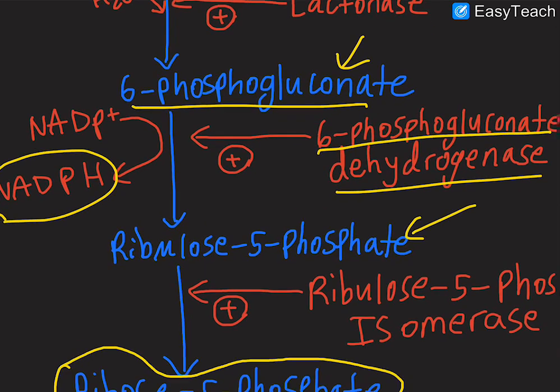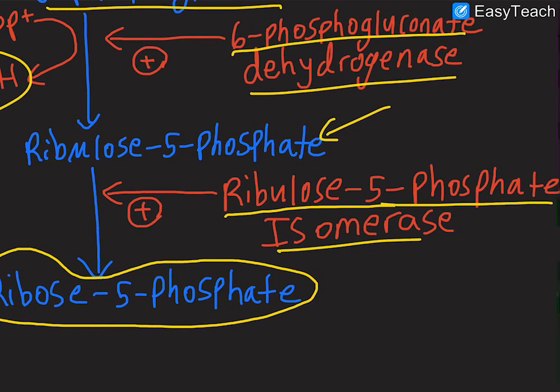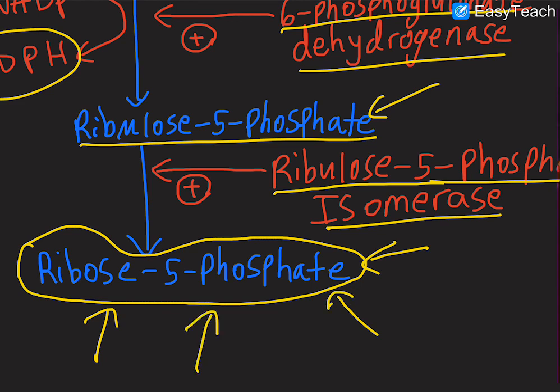Then from ribulose 5-phosphate, we can use ribulose 5-phosphate isomerase, which changes it into ribose 5-phosphate. And this is what we need in order to make the PRPP molecule.